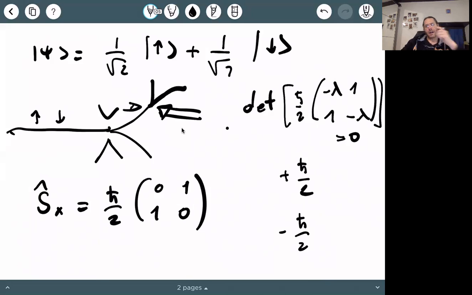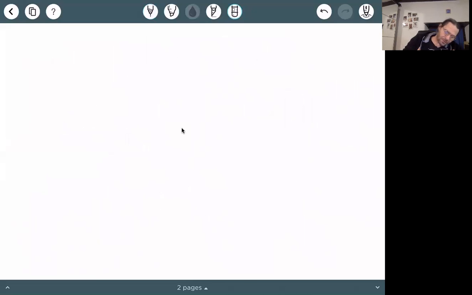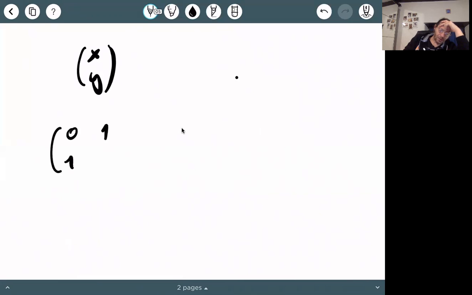So what are these eigenstates in this representation? They are the ones corresponding to the eigenvalues. Let's compute. I have two-component vectors, so I have to fix two variables. How do I find the eigenvector?